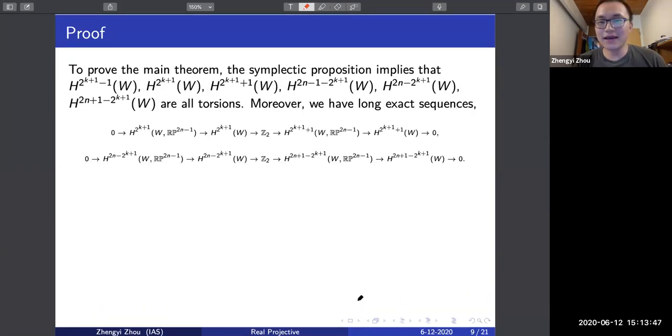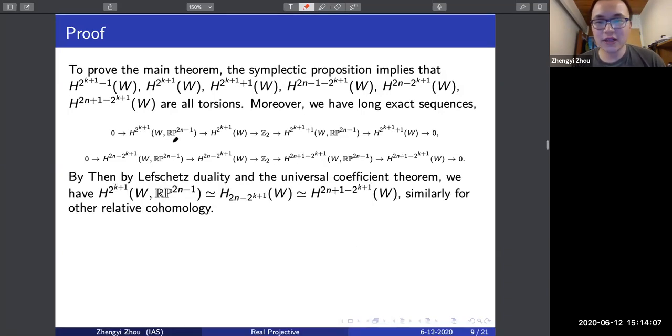And then we can get the long exact sequence from the relative cohomology, which is around this degree of interest. And the middle Z_2 here is the cohomology of RP^{2n-1} in degree 2^k+1. And then we have a symmetrical one. Then what we can do is replace the relative cohomology by the cohomology of the filling.